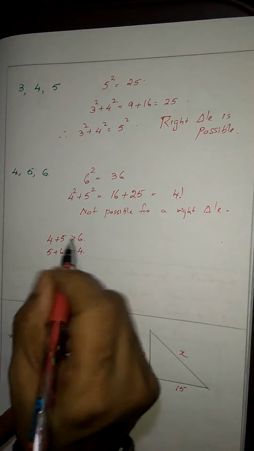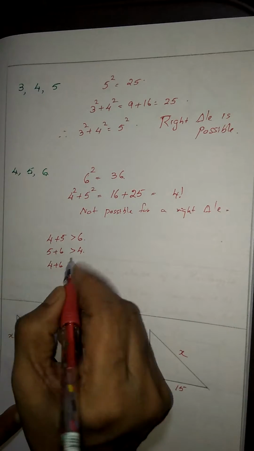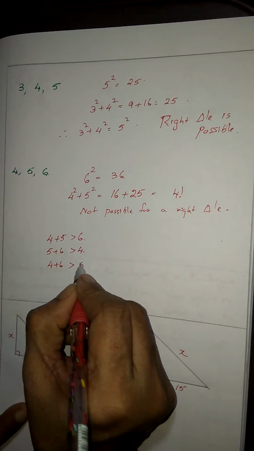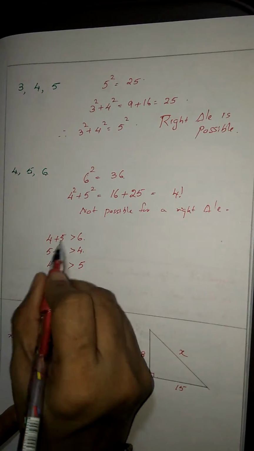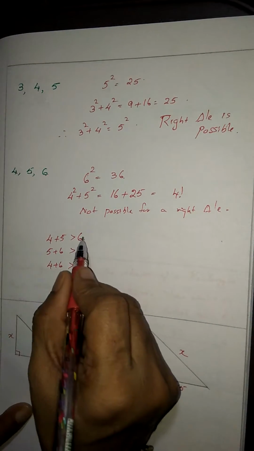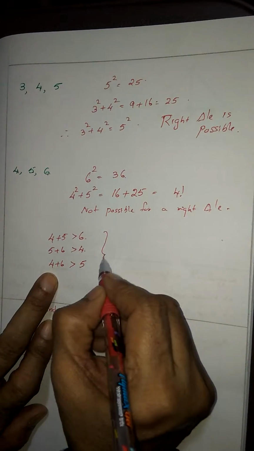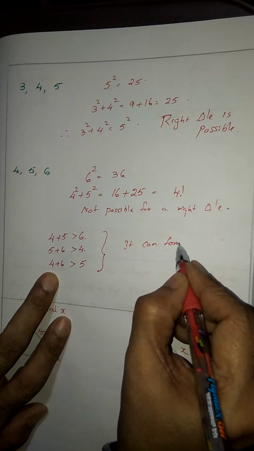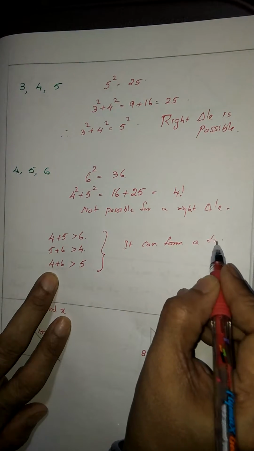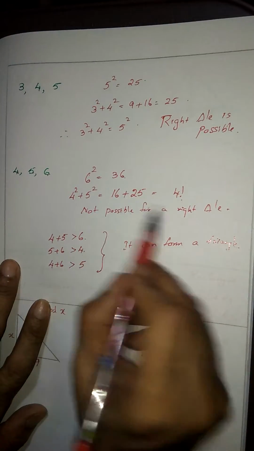And now 4 plus 6 is greater than 5. So the triangle inequality condition is satisfied. So it will form a triangle. It can form a triangle, but not a right triangle.